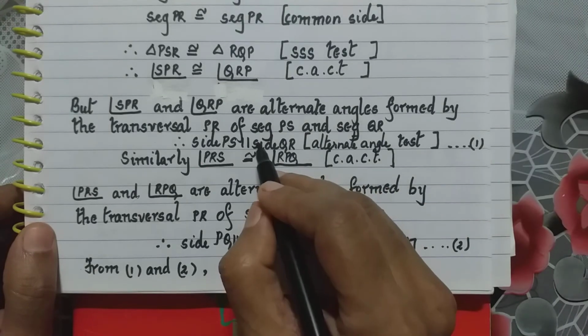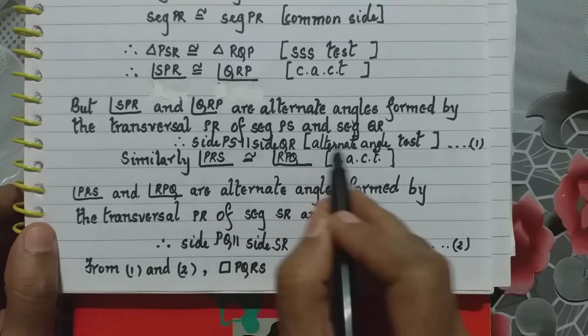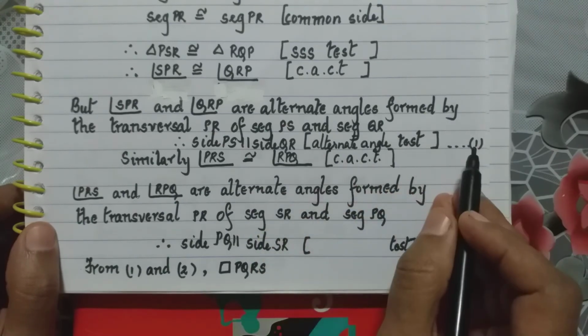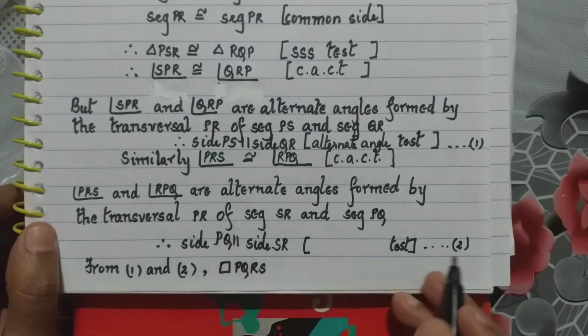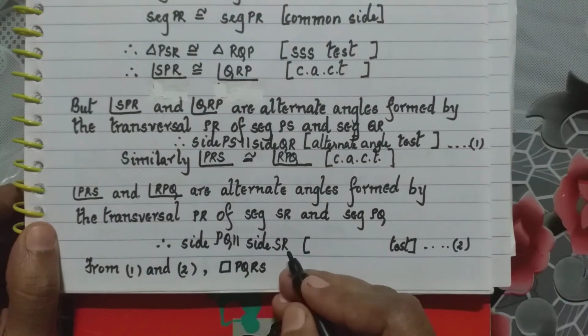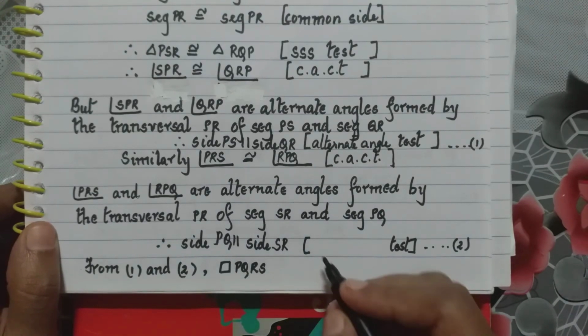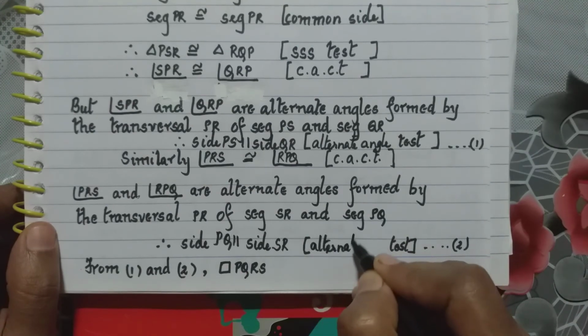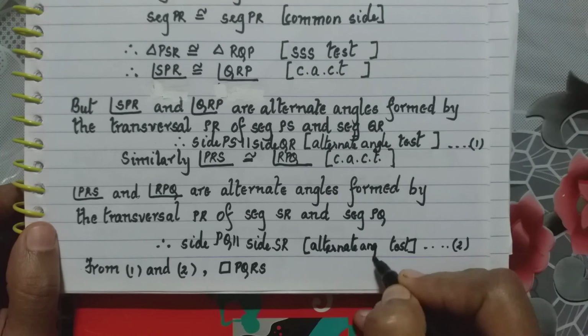Now you look here, in 1 we said side PS is parallel to side QR, that is one pair of opposite sides of the parallelogram. Then in 2 we said side PQ is parallel to side SR. Again by which test? By the alternate angle test.